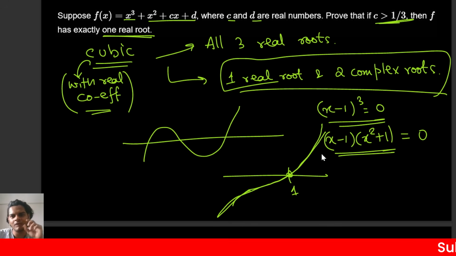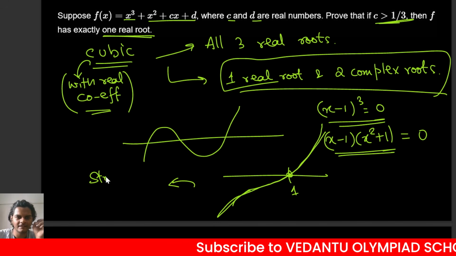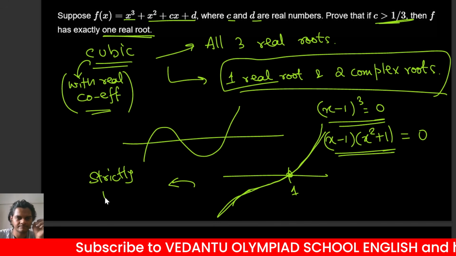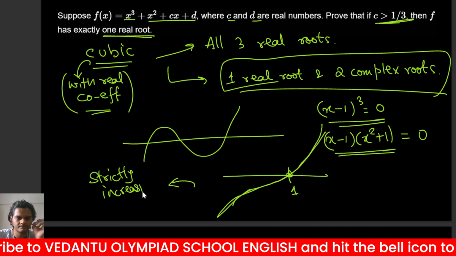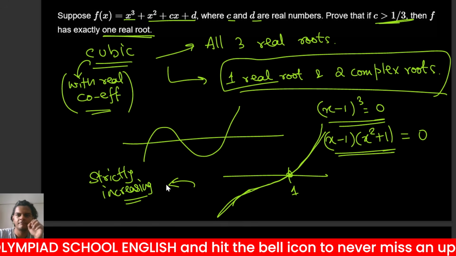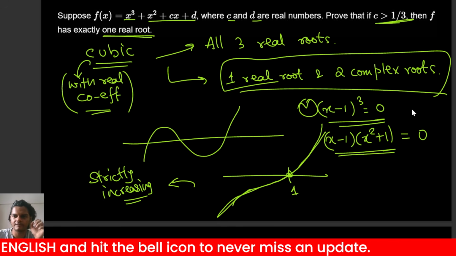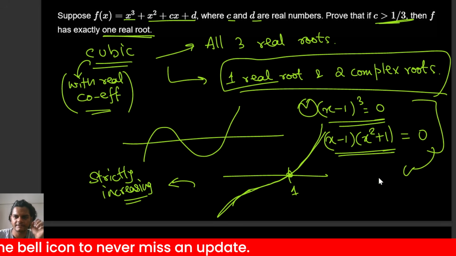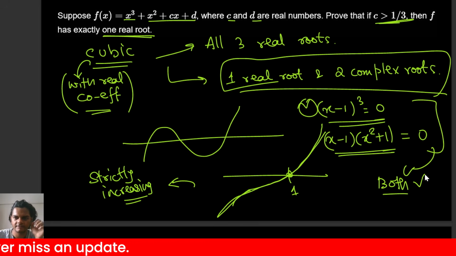So one thing you should be immediately able to observe is that this is strictly increasing. Whether it is like this or this, both are strictly increasing. Both are valid.